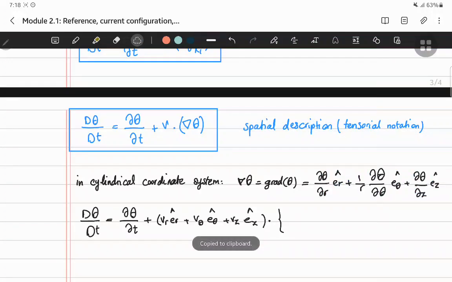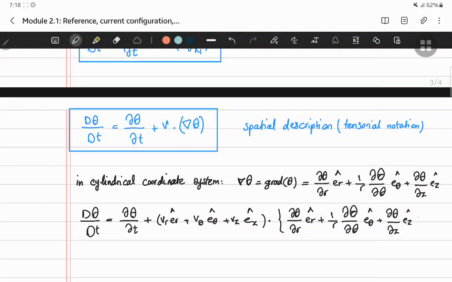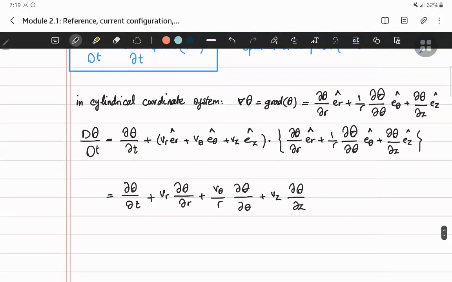If I copy and paste here, you get the partial derivative of theta with respect to t plus v_r partial derivative of theta with respect to r plus v_theta divided by r partial derivative of theta with respect to theta plus v_z partial derivative of theta with respect to z. All right.